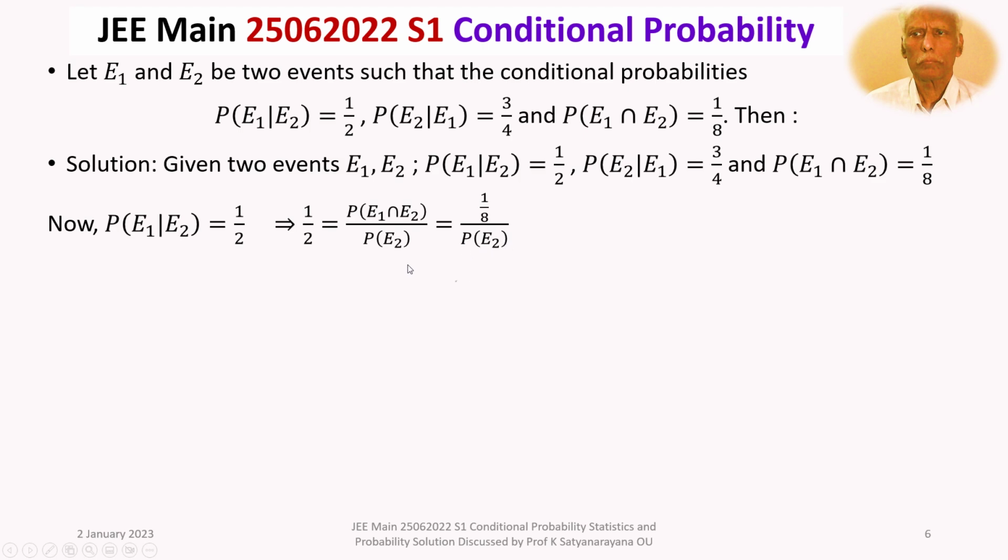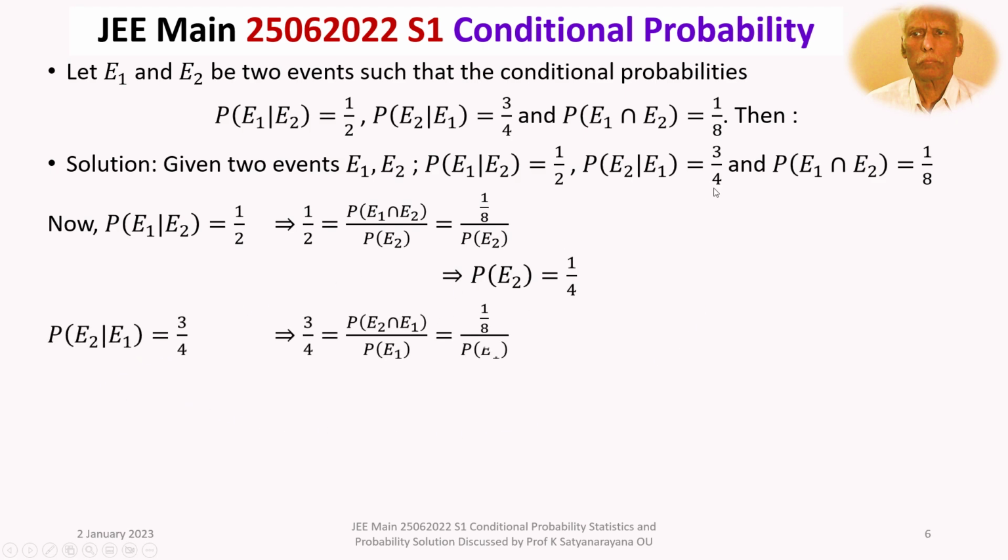From this we obtain probability of E2 is equal to 1 by 8 divided by 1 by 2, that is 1 by 4. And from the second one, the probability of E2 given E1, we will find probability of E1 like this. So probability of E2 given E1 is given to be 3 by 4.